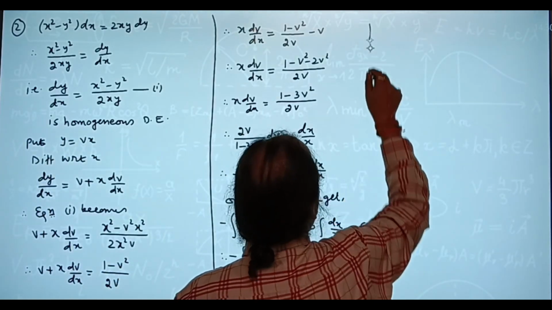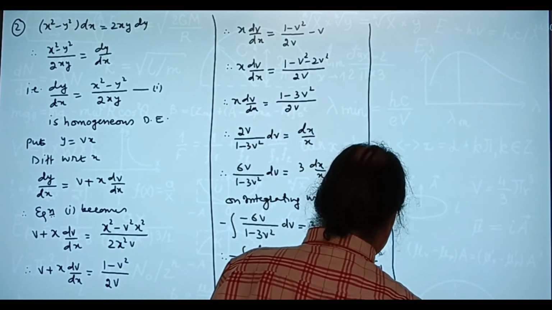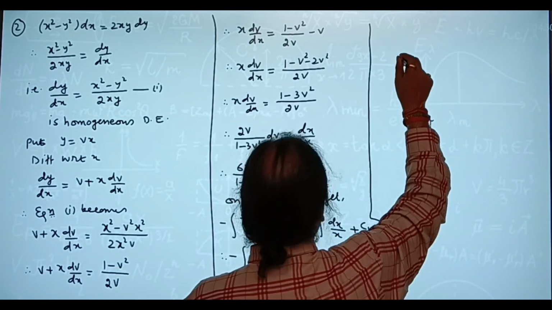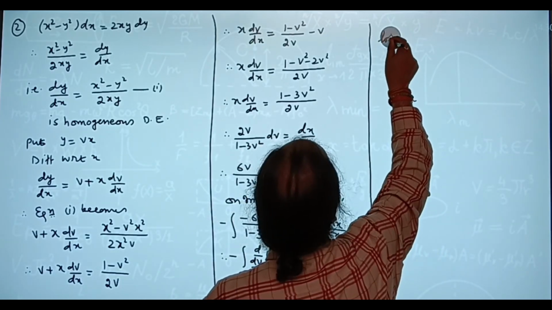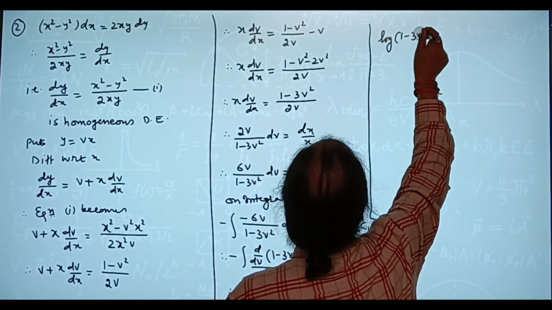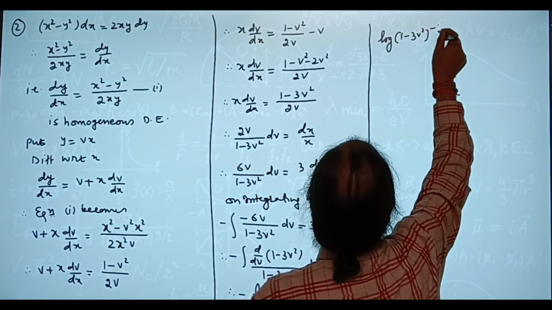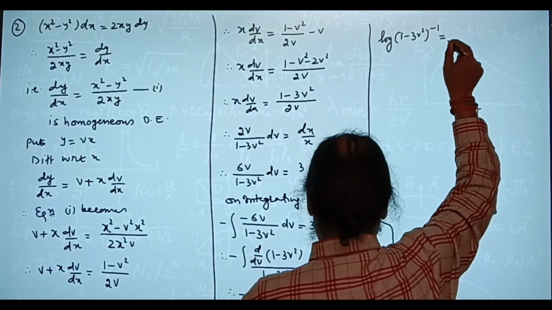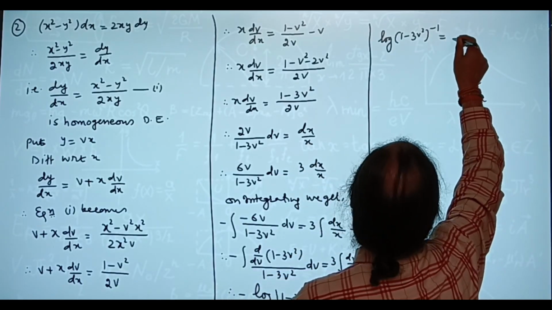Therefore, log of (1 minus 3v square) raised to minus 1 is equal to log cx cube.